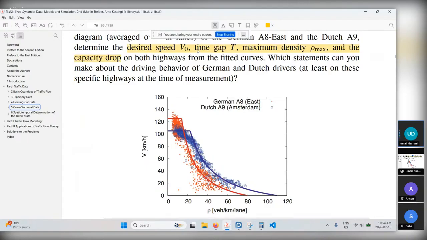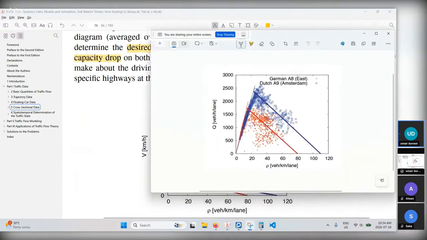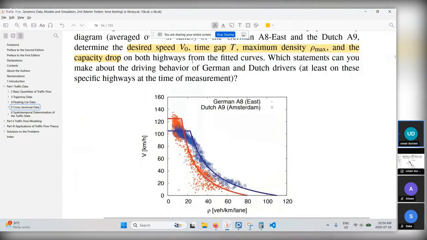Then the question is about the time gap and the capacity drop. So we do have flow here from this plot. We can estimate what the flow is for both. And based on that, we can estimate the time headway because flow is equal to 1 divided by average time headway. Once we get the time headway using the flow values, we can then also estimate the time gap.